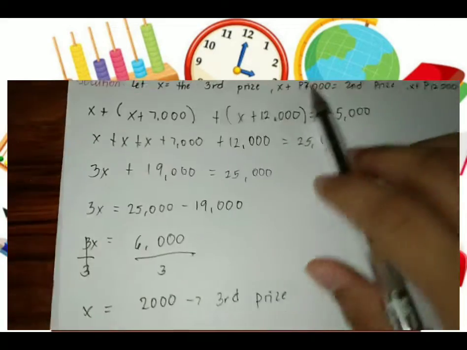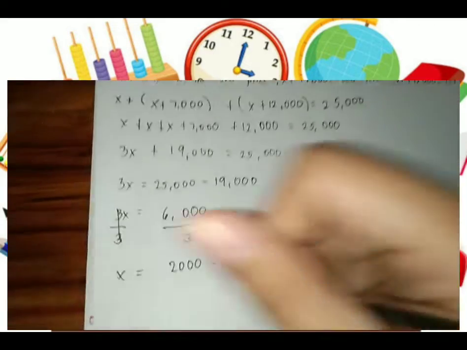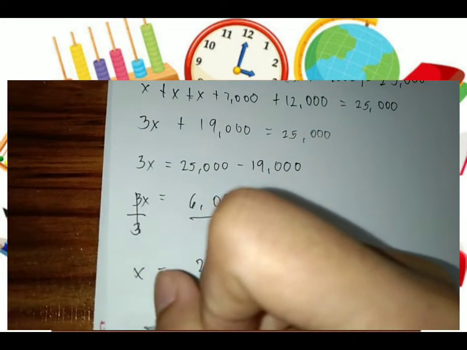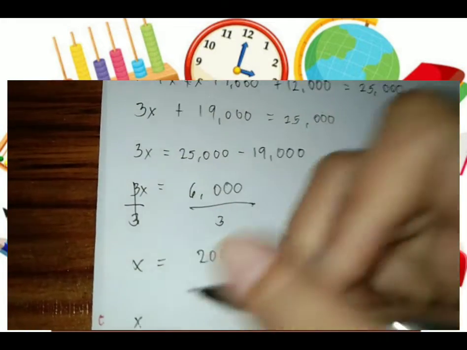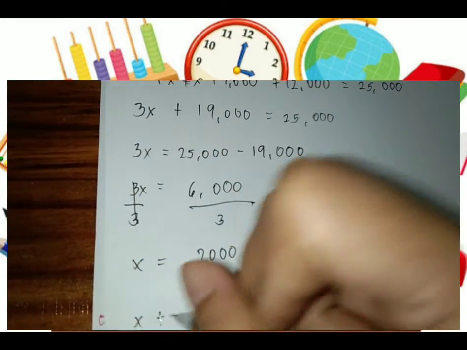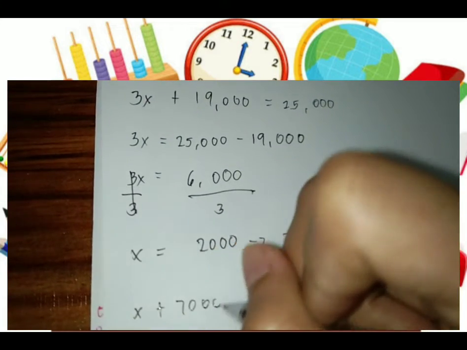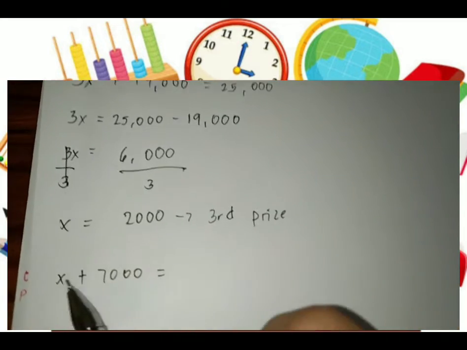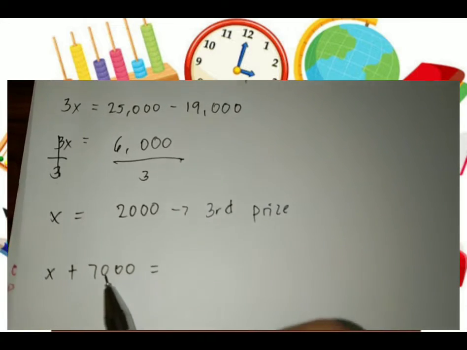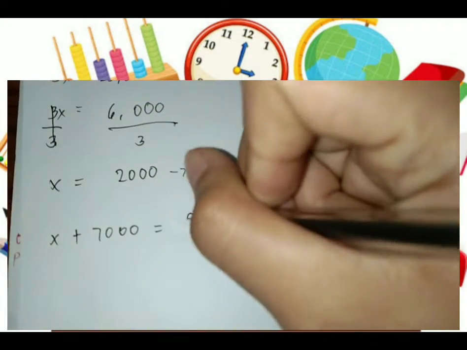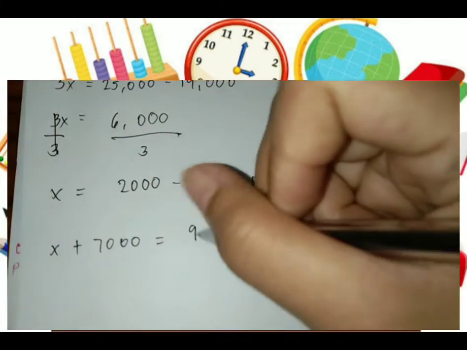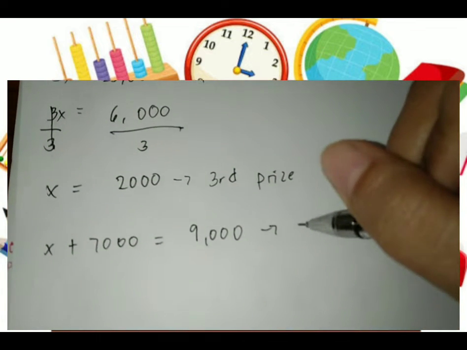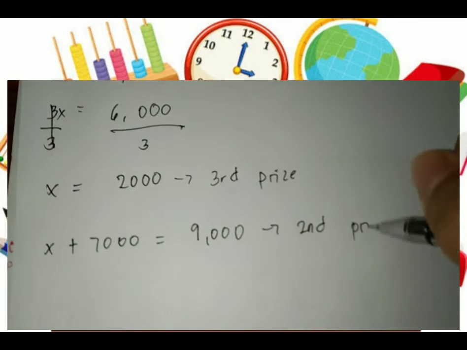Now we are going to look for our second prize, which is x plus 7,000. Our x is 2,000, so 2,000 plus 7,000 is equal to 9,000. So this is our second prize.